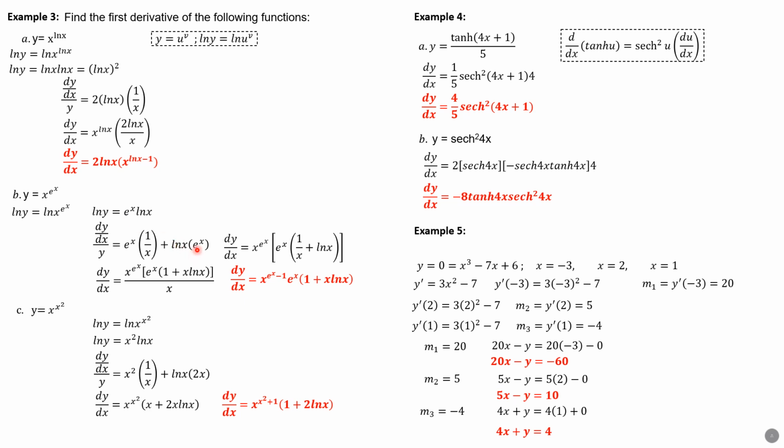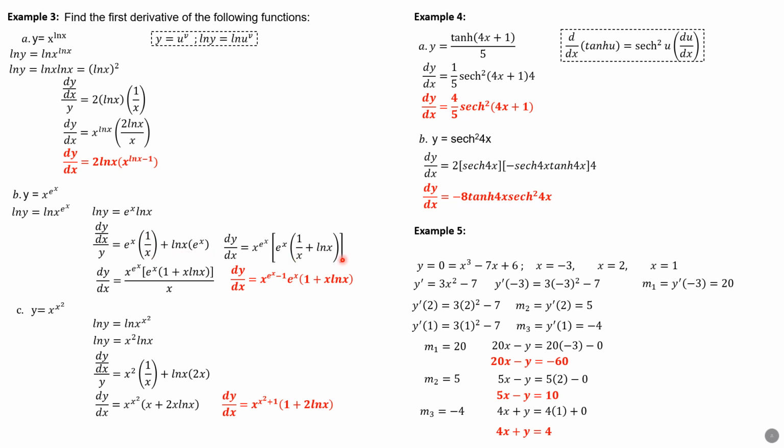So dy dx is equal to y, and y is x to the e to the x, then quantity e to the x over x, or e to the x, factor out e to the x, times quantity 1 over x plus ln x.